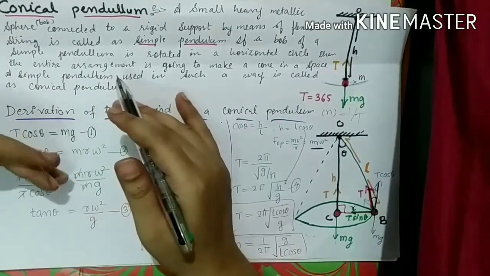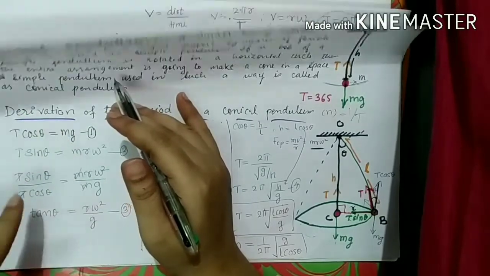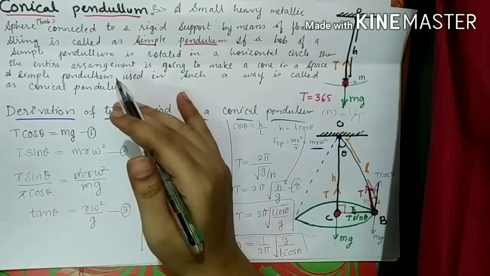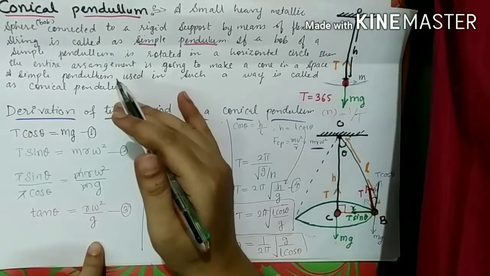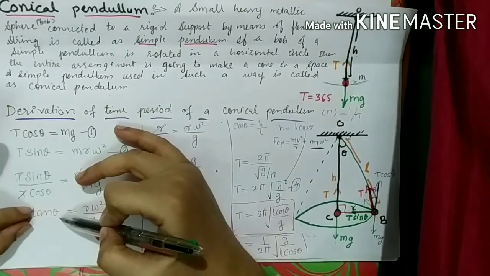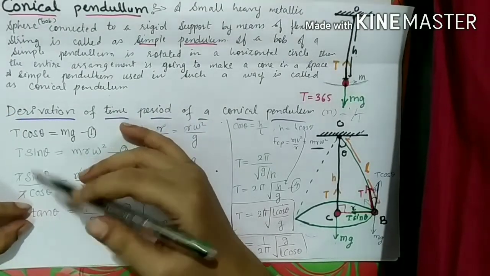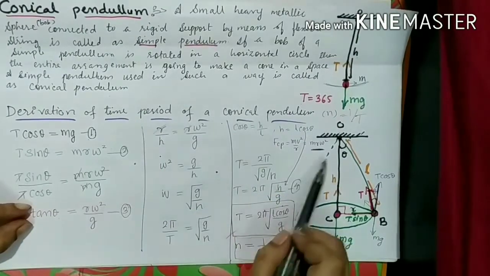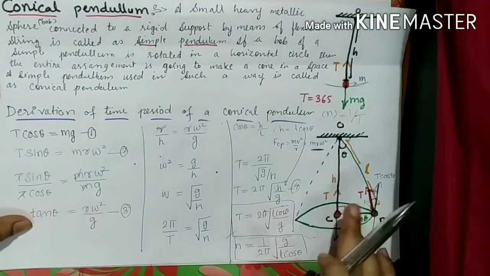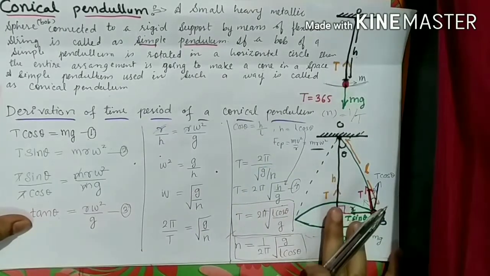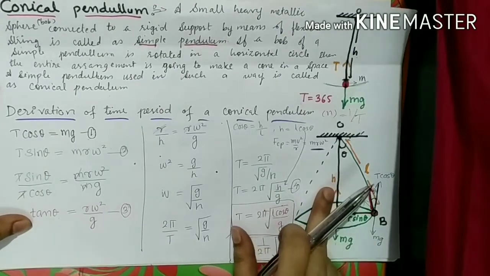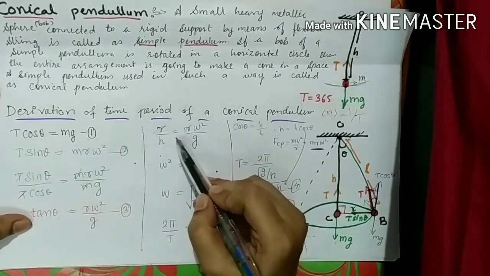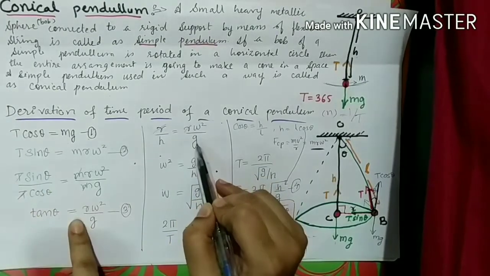Here, just dividing equation 2 by equation 1, T will get cancelled on the LHS, m will be cancelled on the RHS. We are going to get tan theta is equal to r omega square upon g. Then at this point you will have to write down the formula for tan theta by using this diagram. So tan theta can be written as opposite upon adjacent. Opposite side is R and adjacent side is H. So R upon H is equal to R omega square upon g.